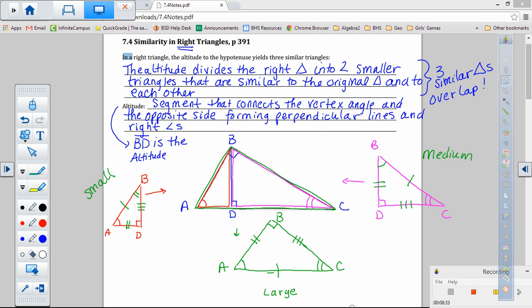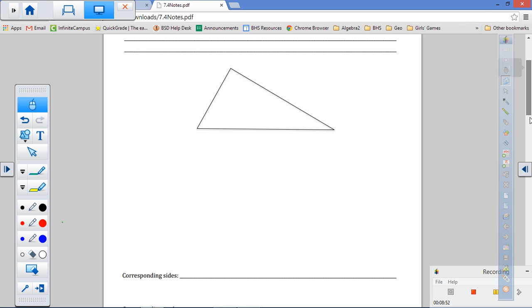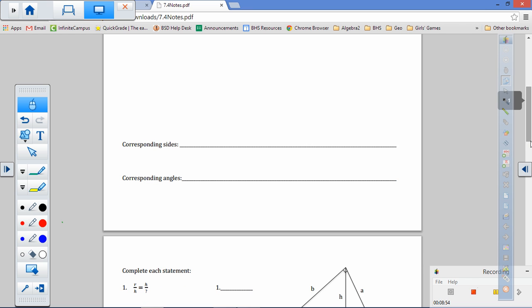So beneath it, where it says corresponding sides and corresponding angles, we're going to go ahead and mark these. All right. So I'm going to move this up, and we're going to mark this. So underneath here, corresponding sides, corresponding angles. I know my picture's not there anymore, but you know what it said. So we have side AB, okay?